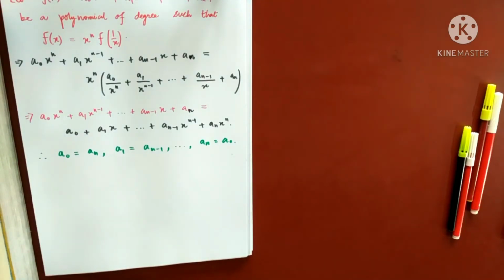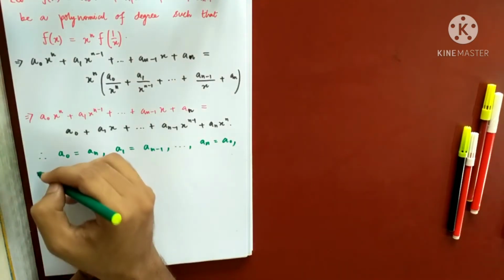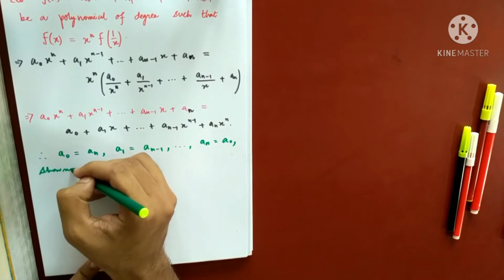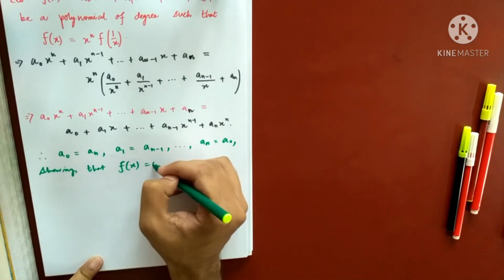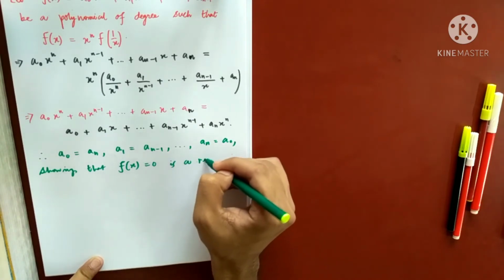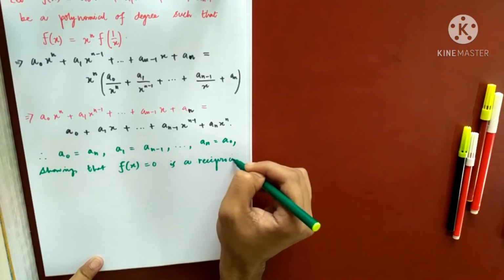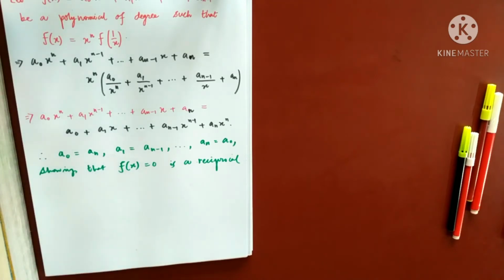So showing that fx equals to 0 is a reciprocal equation of first type.